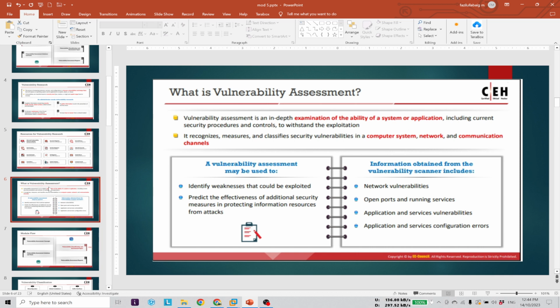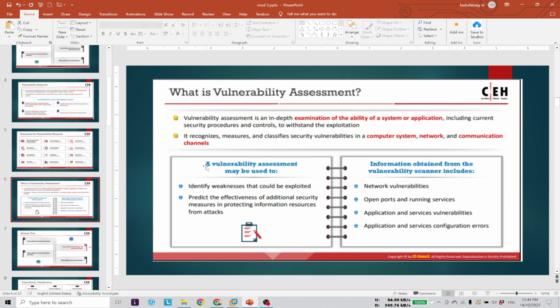It is nothing but examining in depth an operating system, web application, or mobile application, so we can find the vulnerabilities and flaws and secure our data. So many things are there. It recognizes, measures, and classifies security vulnerabilities in a computer system, network, or communication channels.